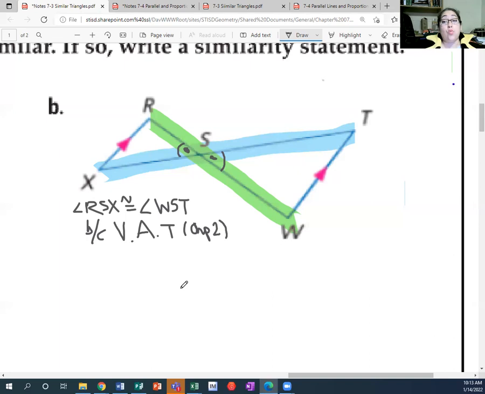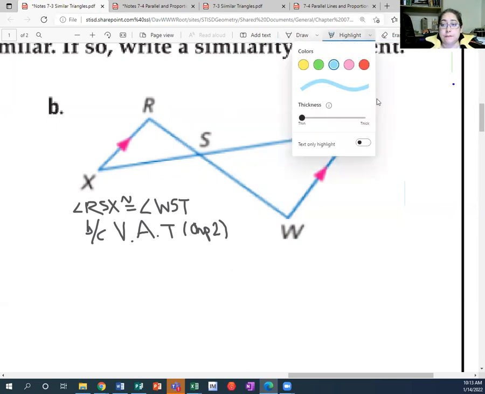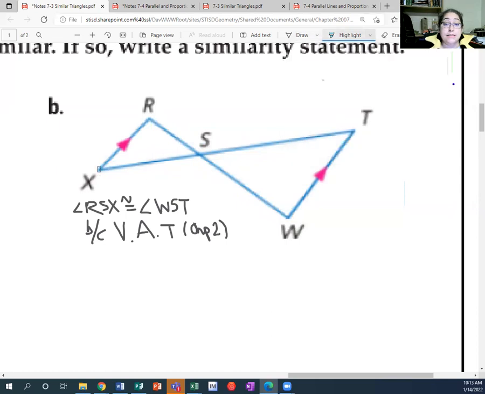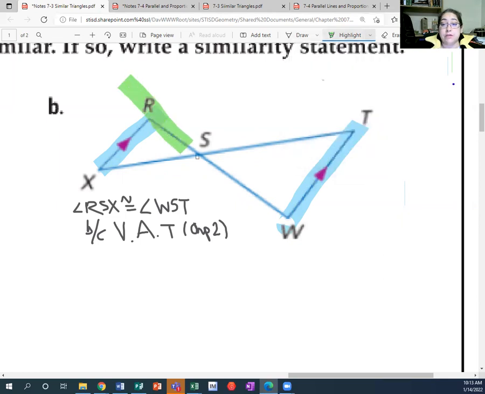All right, I've got one angle congruent. If I can find another pair of angles congruent, I will have enough for the angle-angle postulate. All right, looking around here, I see this line here parallel to this line over here. And when I have parallel lines intersected by some other line, this line becomes a transversal.